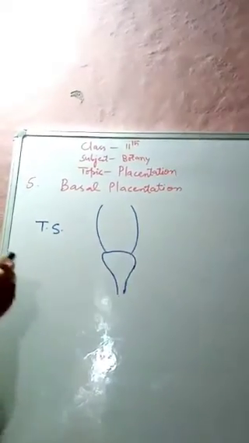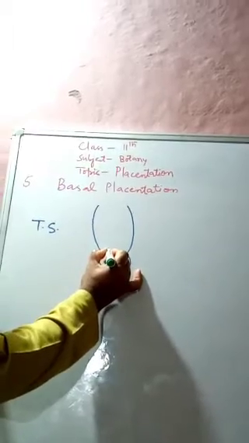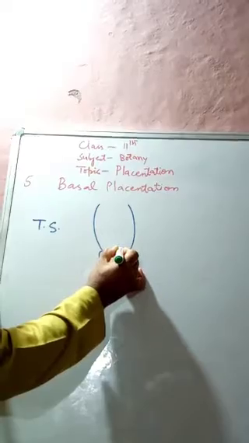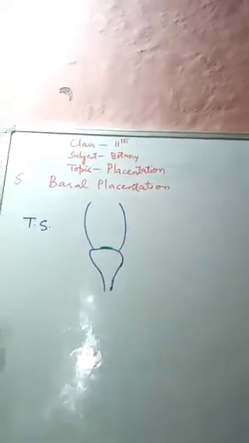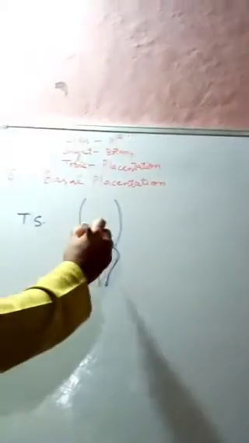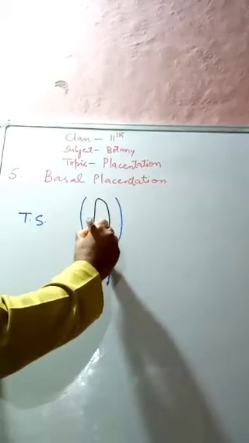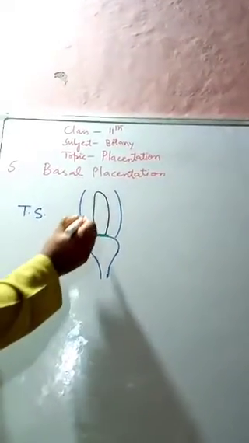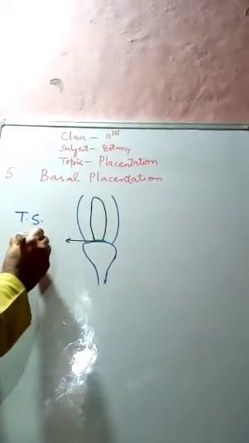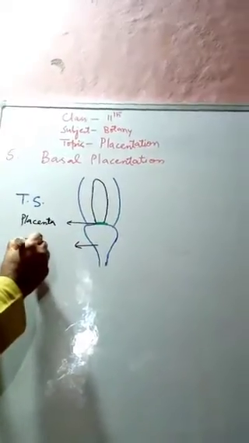What we will see here, at the base of this ovary, is this greenish structure, which is the placenta, and from this placenta a single ovule is found. So this greenish color is the placenta, and this is the thalamus.